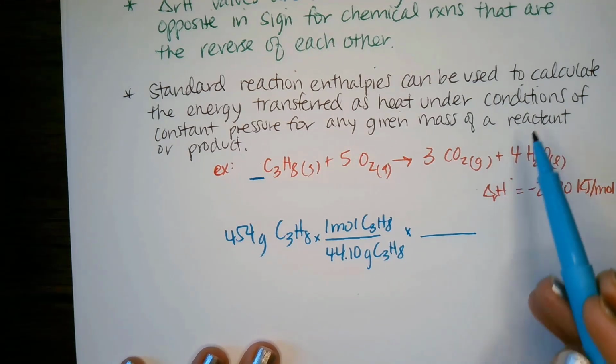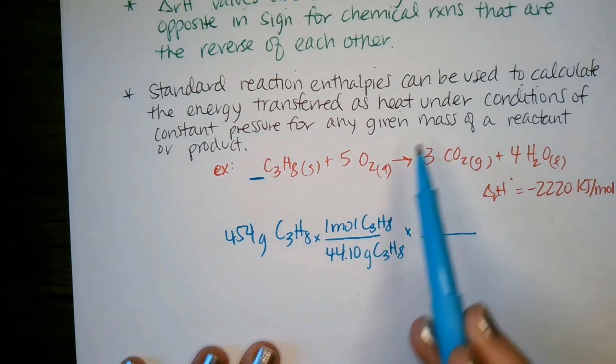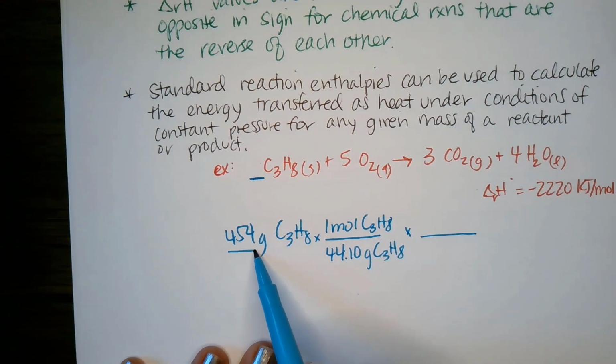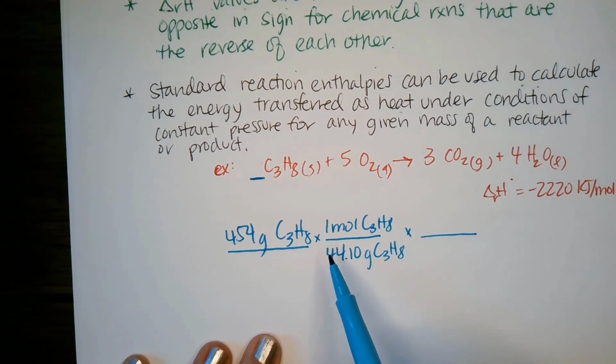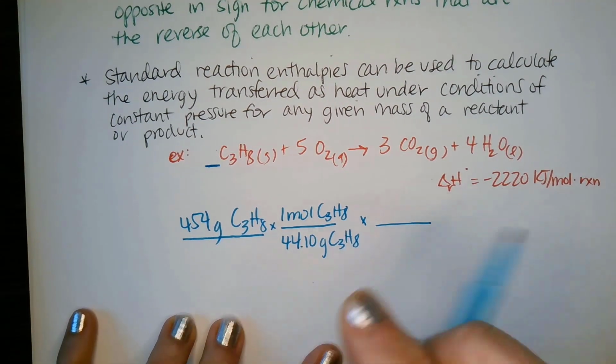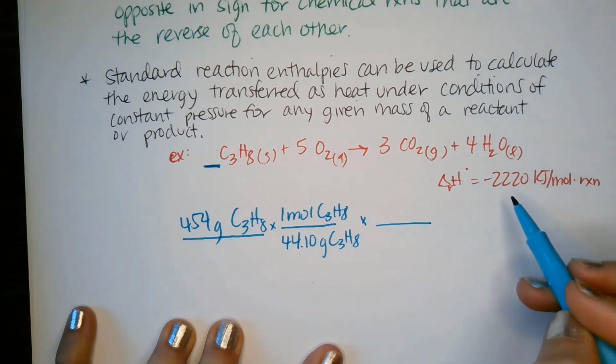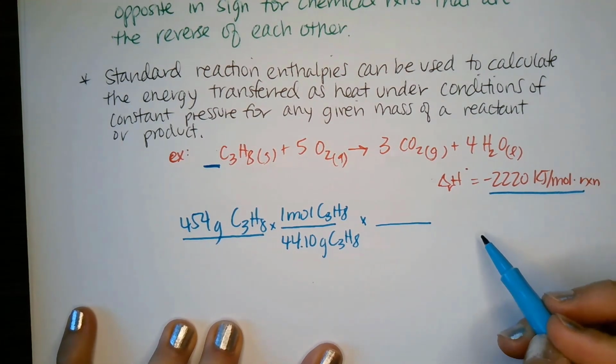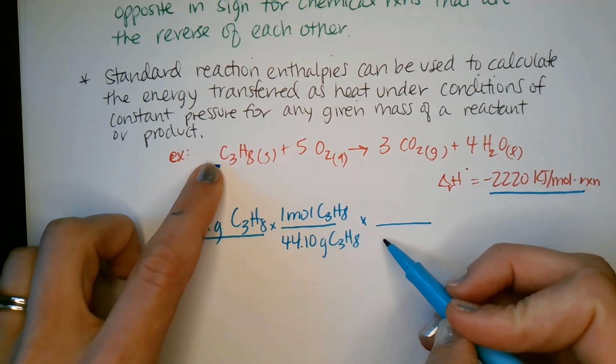But we don't want to know that. We want to know how much energy is transferred if I have 454 grams. So I want to get to energy. What's great about given this enthalpy is we know that for 1 mole of propane, this much energy is released.